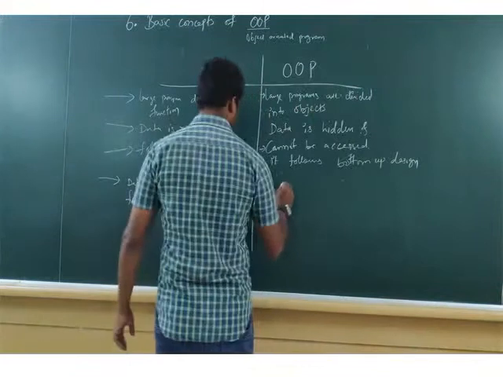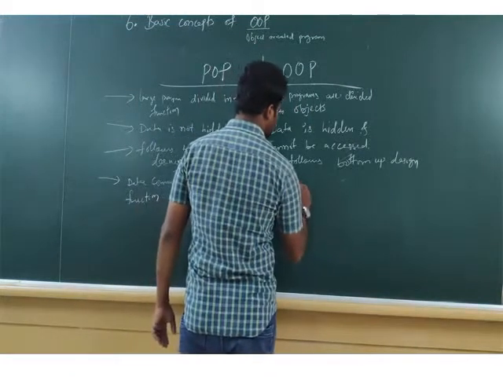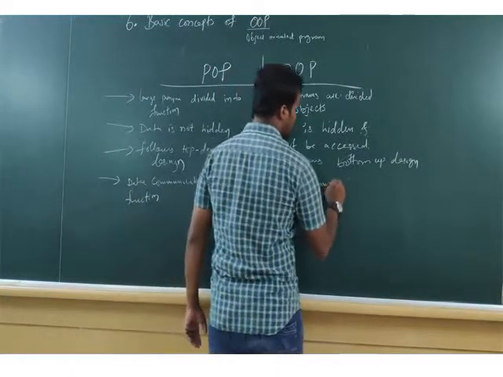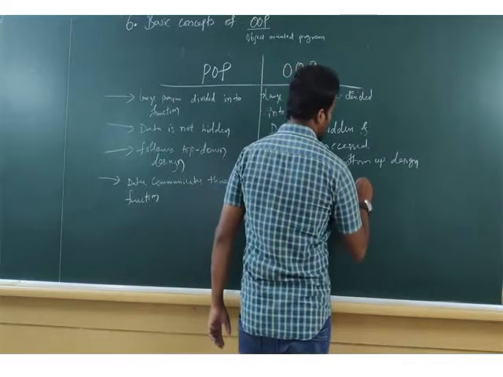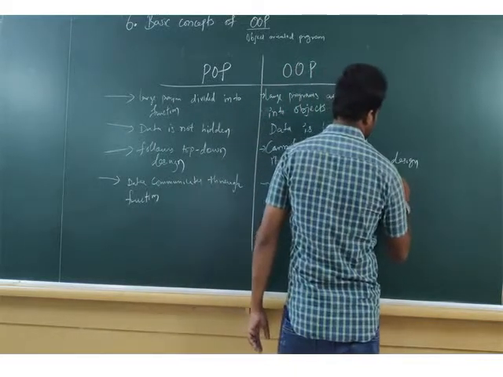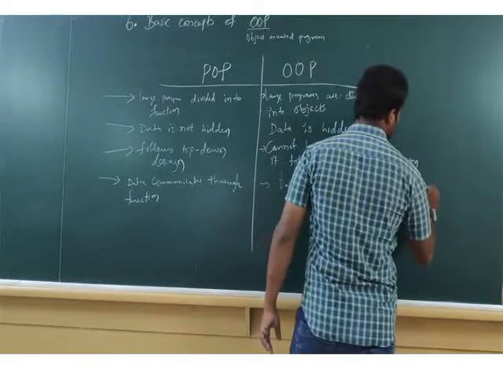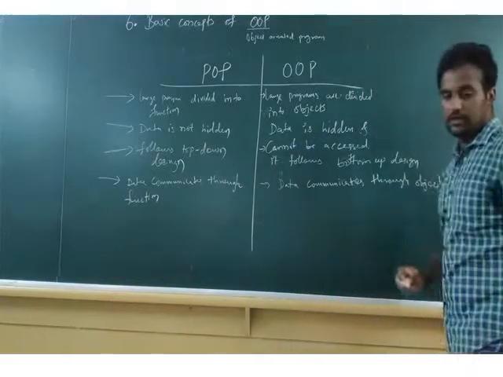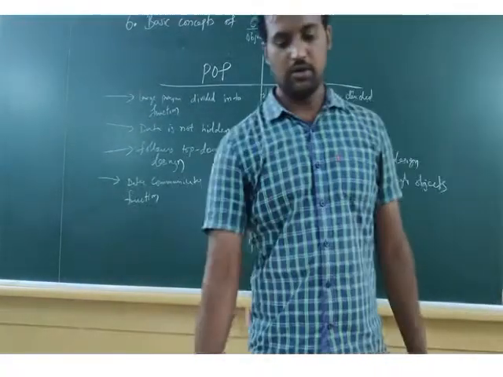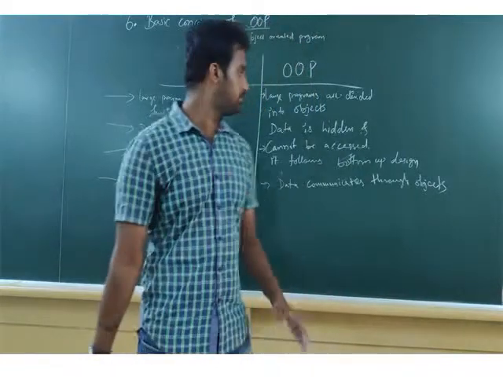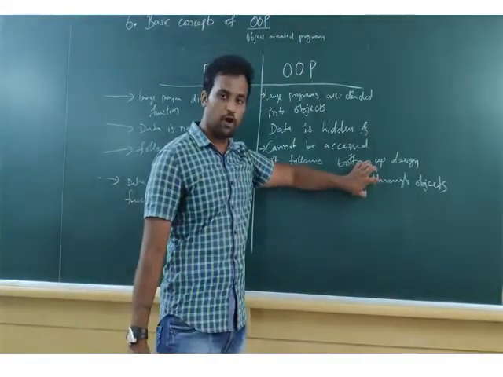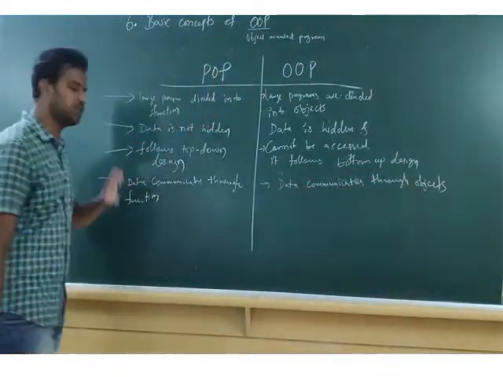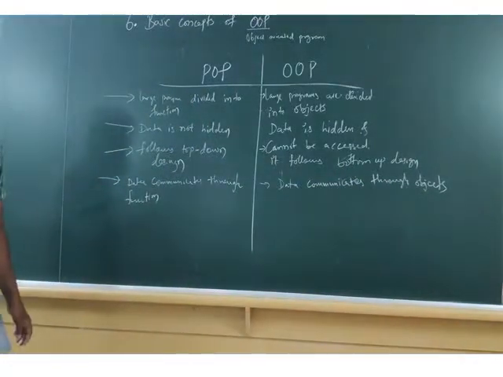Next, here data communicates through object. So here we have objects for communication, there we have functions or data for communication.